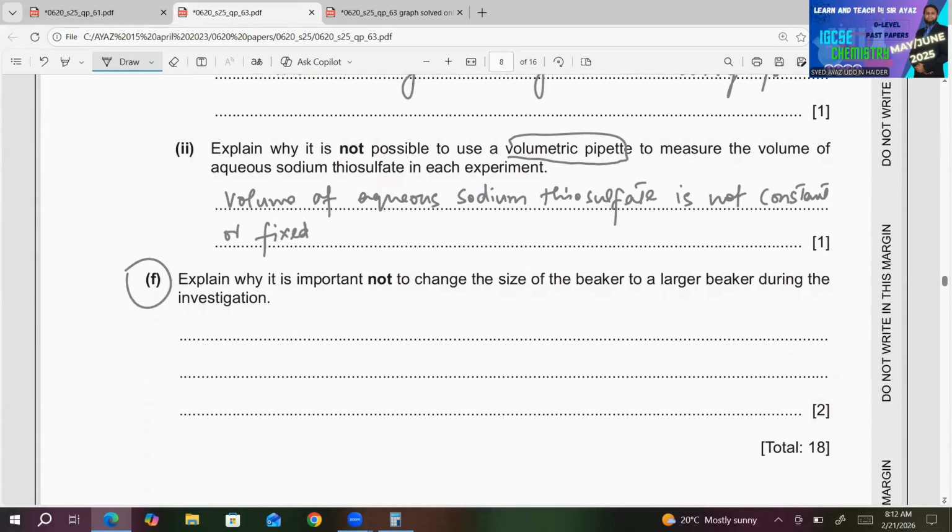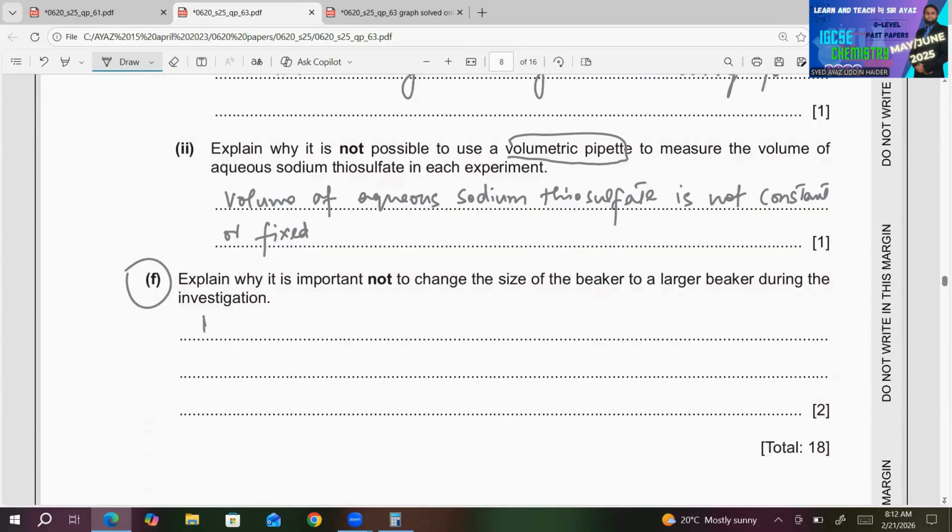F. Explain why it is important not to change the size of the beaker to a larger beaker during the investigation. This will definitely change the depth as the size of the beaker changes. So therefore the time measured also changes.